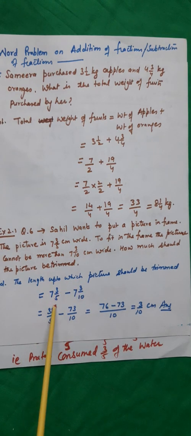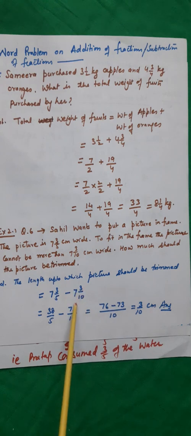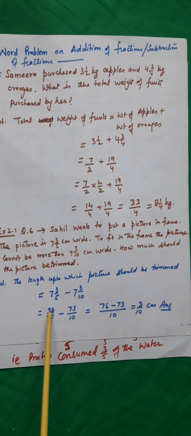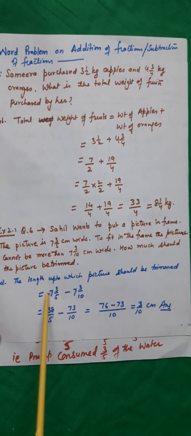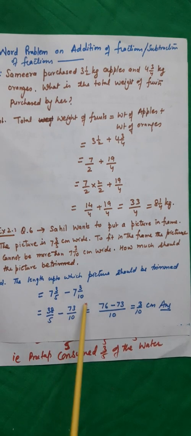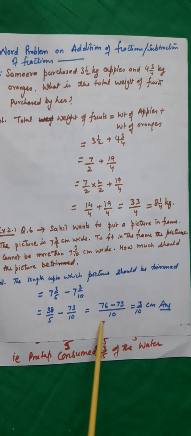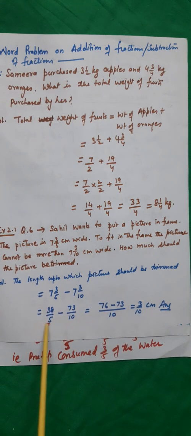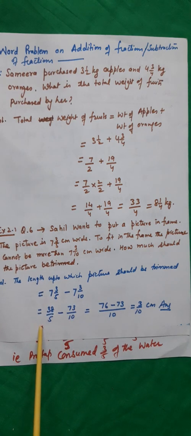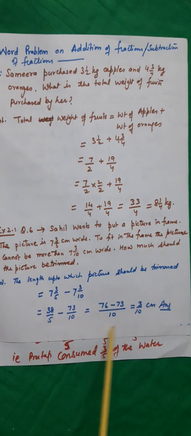So 7 3/5 minus 7 3/10, which gives me 7 5s are 35 plus 3, 38 upon 5, minus 73 upon 10, which is equal to, here you take the LCM of 5 and 10, because 10 is a multiple of 5, therefore the LCM is going to be 10.